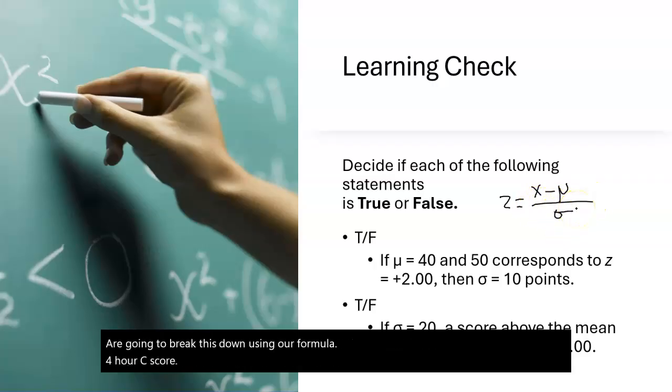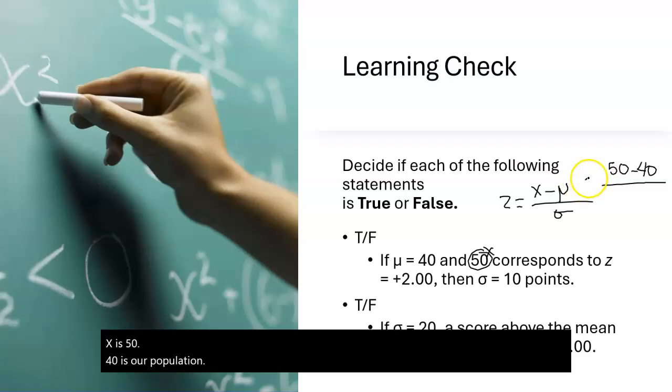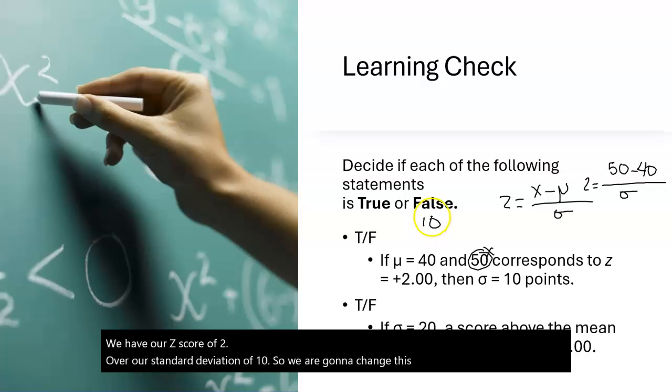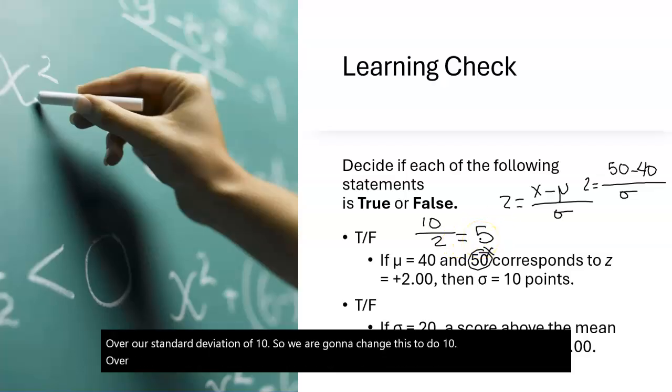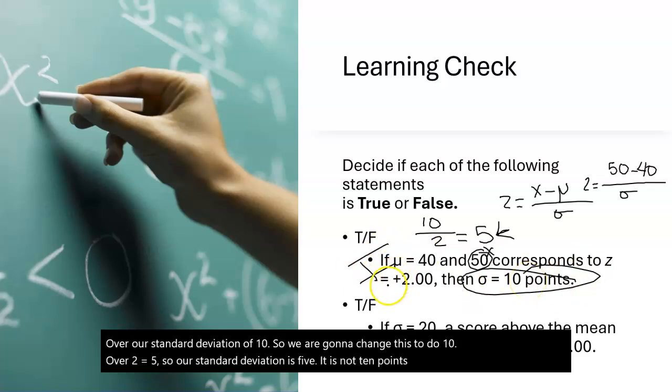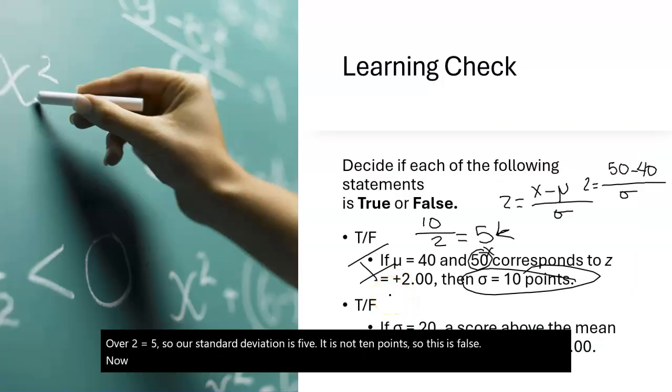Okay, so x is 50, 40 is our population mean. We have our z-score of 2 over our standard deviation of 10. So we are going to change this to do 10 over 2 equals 5. So our standard deviation is 5. It is not 10 points. So this is false.